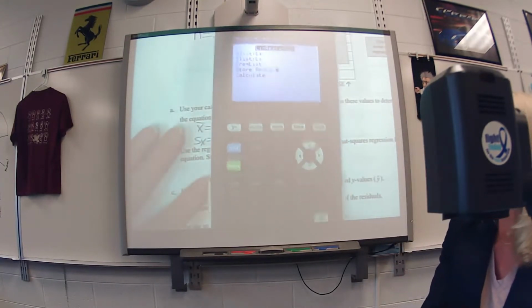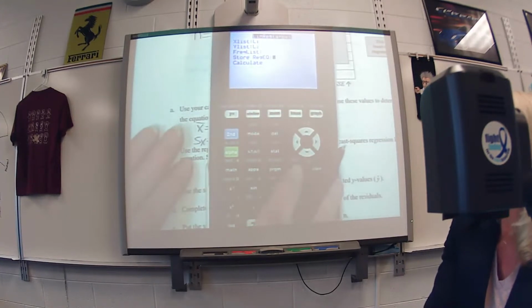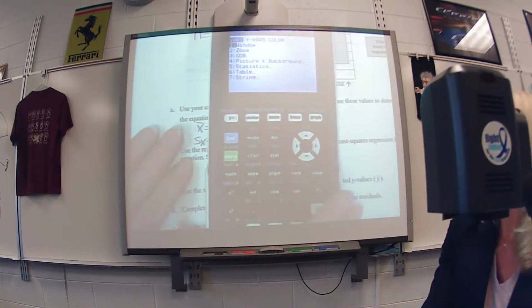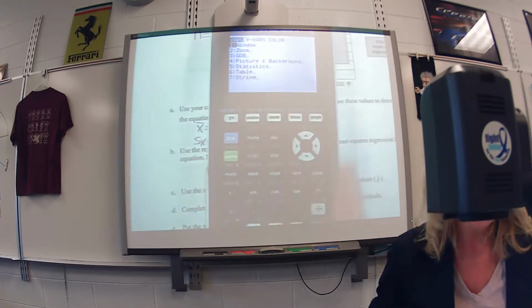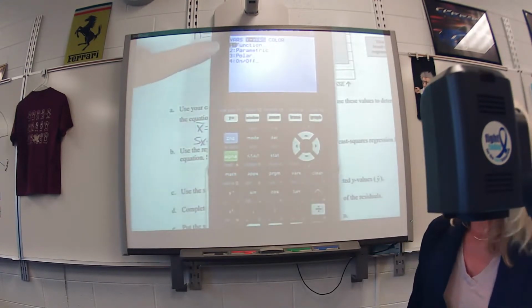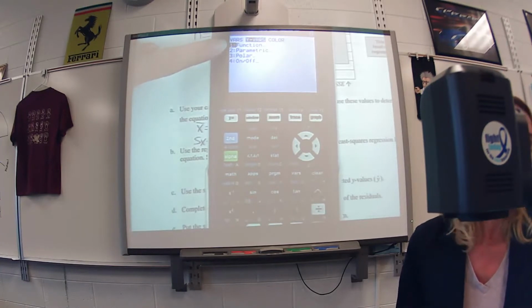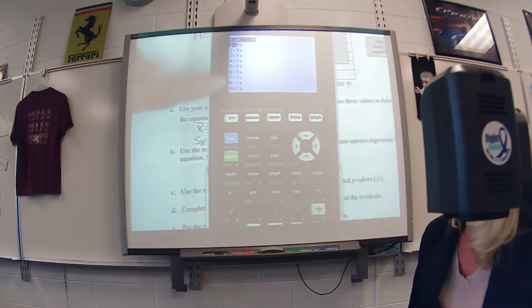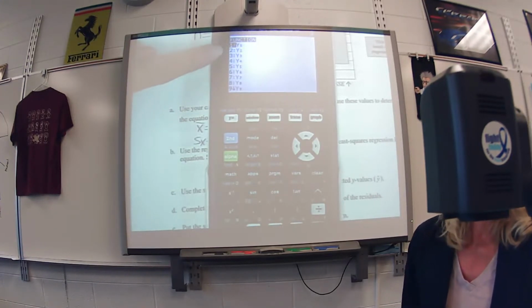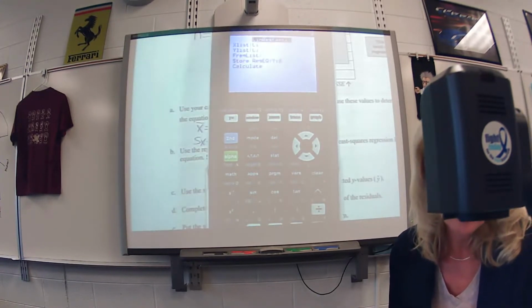Now, 84s, if you want to do this, you press variables, VAR. You know equations have to have a y equals, so we have to choose y. We're going to get the equation of a regression line, which is in fact a function. And then you can choose whichever y variable you want to use. I just always use y1.